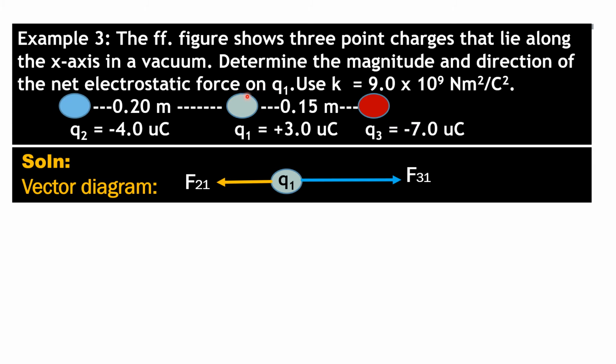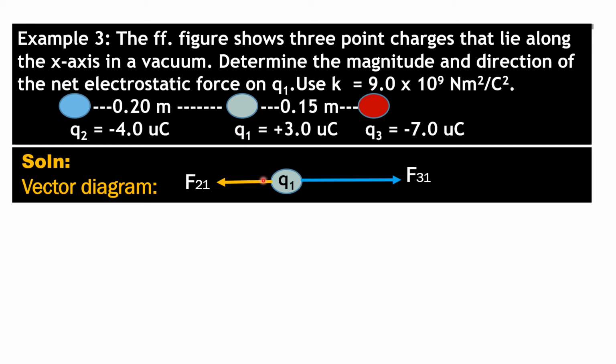That is emphasized in our vector diagram, where only the forces acting on Q1 are indicated and labeled. So what are they? First, we have the force exerted by Q2 on Q1.